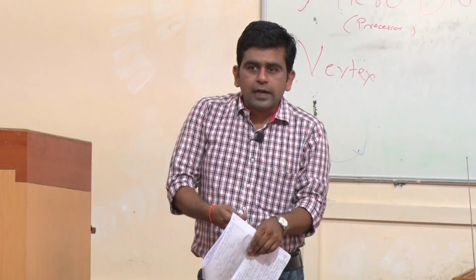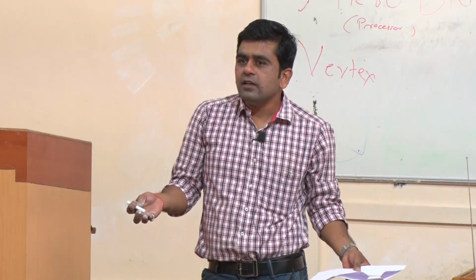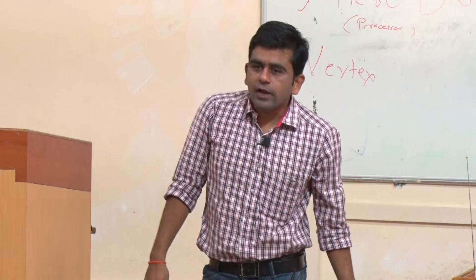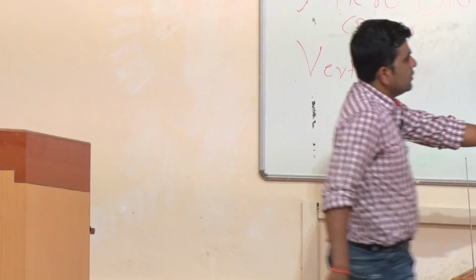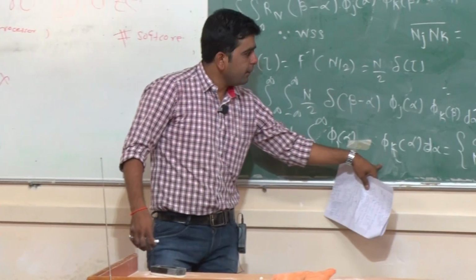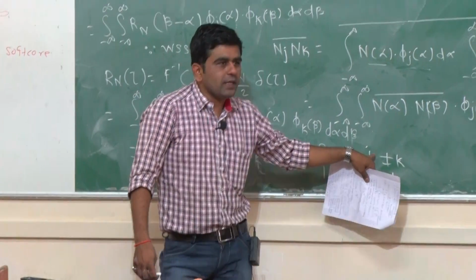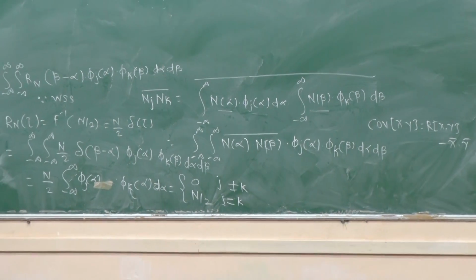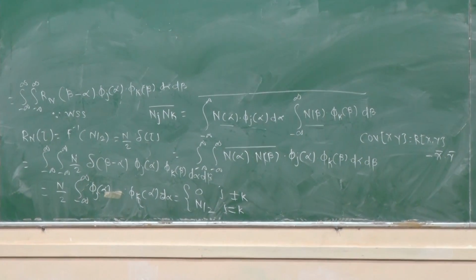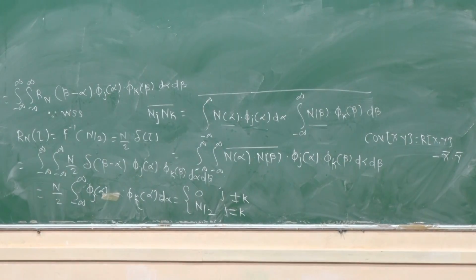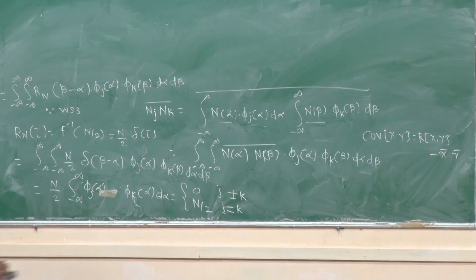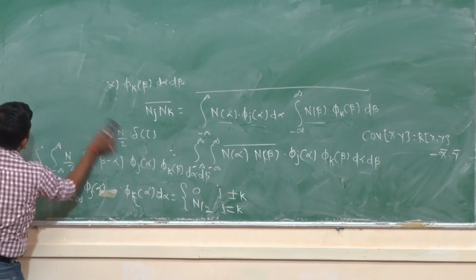When the random processes are uncorrelated, these two random variables are independent of each other. Here we have to prove that phi j into phi k is equal to 0 when j is not equal to k, for all the basis functions being perpendicular to each other. Now for the probability density function of this noise, write down the joint probability density function.